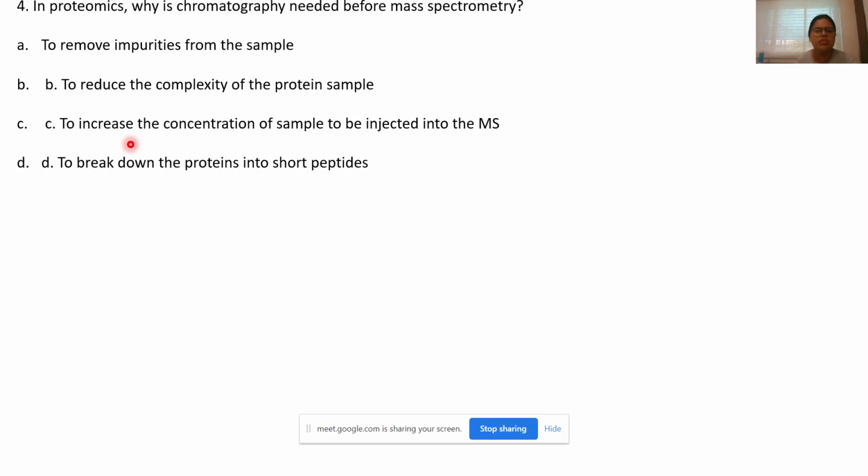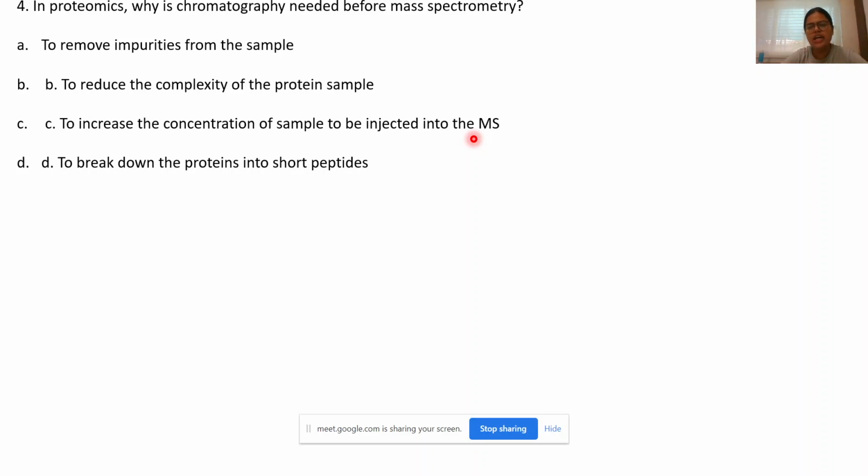Based upon its molecular weight or charge. So, to reduce the complexity of the protein sample, we are using a chromatographic technique. To increase the concentration of the sample, first of all, why do you need to increase the concentration before injecting into the MS? So you should also see, I mean, by concentration.